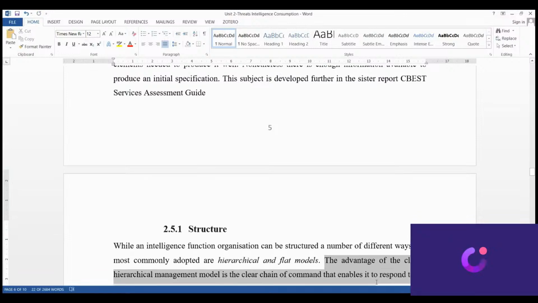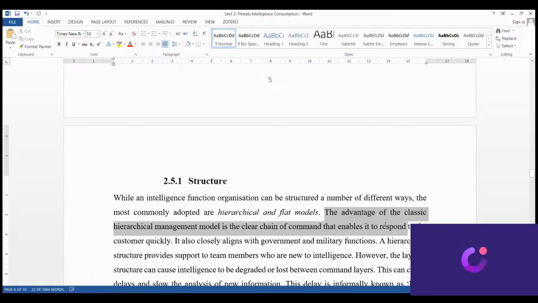The advantage of the classic hierarchical management model is the clear chain of command that enables it to respond to customers quickly. Remember, we are looking at who does what and what skills they need in order to respond to this threat. So the hierarchical and flat models are the commonly used ones in the structure of the organization.